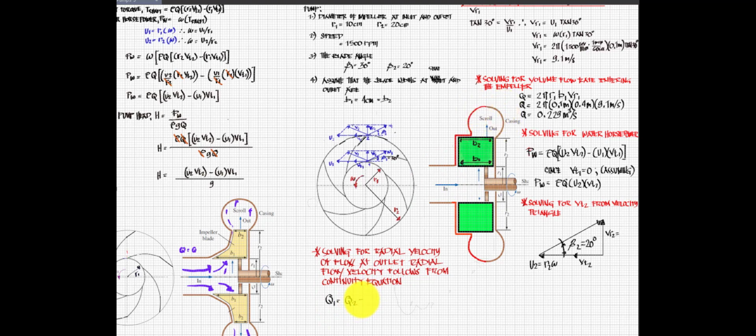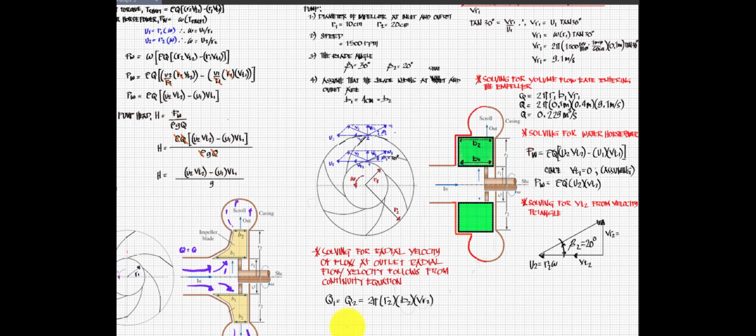So we can say that the volume flow rate at point 2 is equal, but usually nag-iiba yung thickness ng blade. Since the thickness of the blade is equal here, we can rewrite it as 2 pi times the radius, multiplied by the thickness b sub 2, then multiplied by the flow velocity at the outlet, VR2.